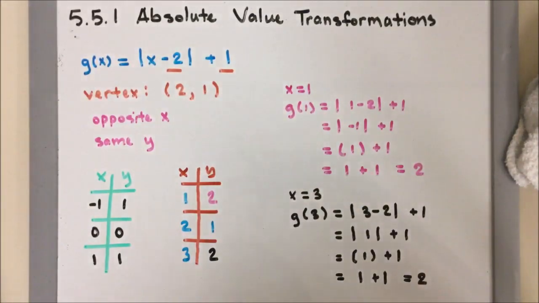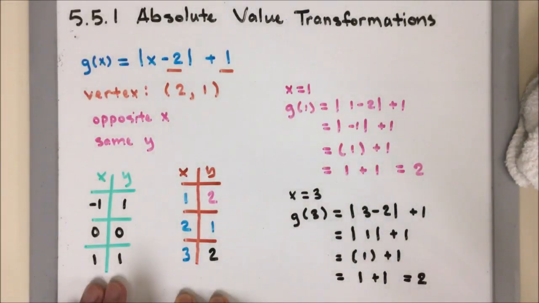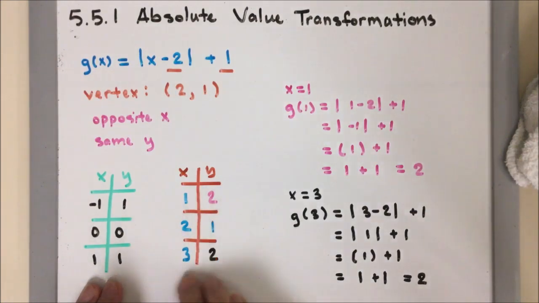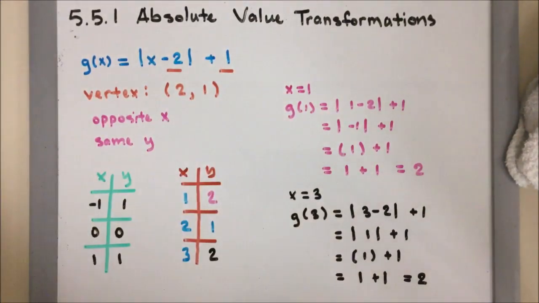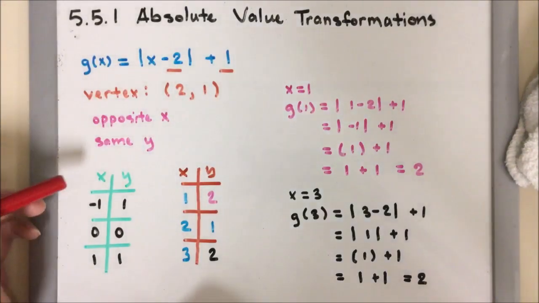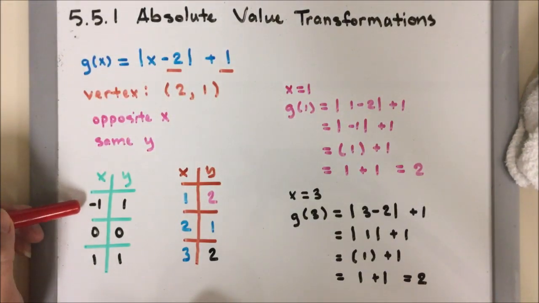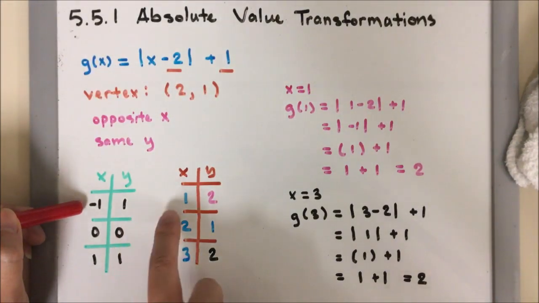Now before I graph, the reason I wrote the table for the parent function and then the table for this function is that, if we look closely, you'll see a relationship with the points. So let's take a look at the x values. From this point, it went from negative 1 to positive 1.